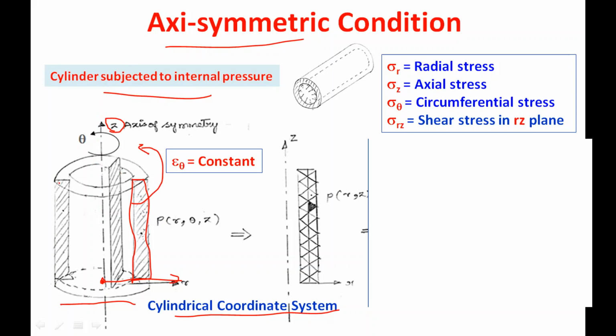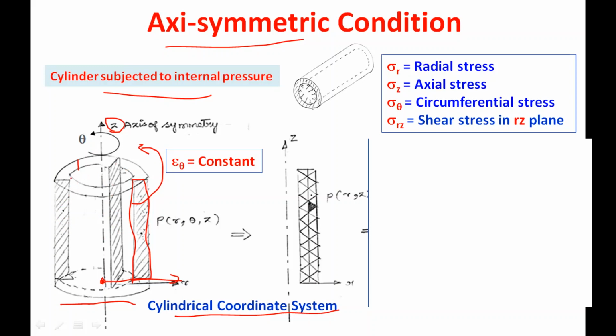Now, if you take this cross-section plane and find the stress acting along the plane at any angle of theta, the stress acting on the plane will be equal or common.